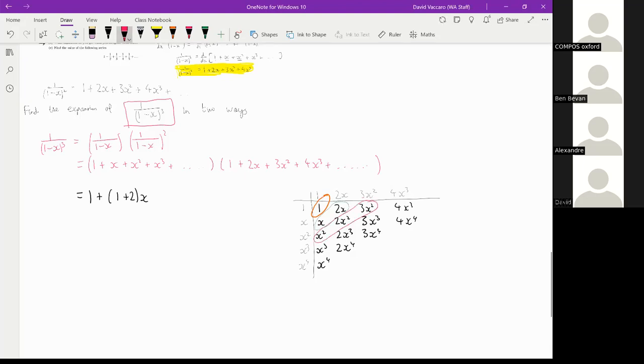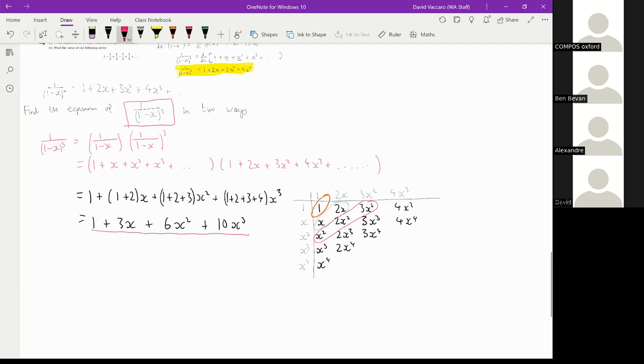And then we've got 3 terms involving x squared, so we've got 1 plus 2 plus 3 x squared. And then we've got 1 plus 2 plus 3 plus 4 x cubed, which simplifies to 1 plus 3x plus 6x squared plus 10x cubed.